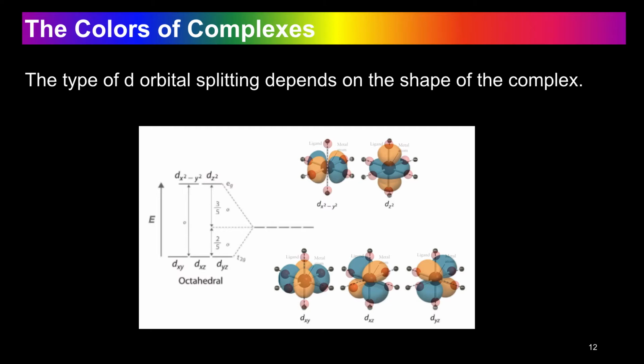In an octahedral complex, the bonds are formed along the x, y, and z axes. Any orbital that has a lobe on the axes moves to a higher energy level. 2 of the d orbitals superimpose along axes. These are the 2 which are at a higher energy.